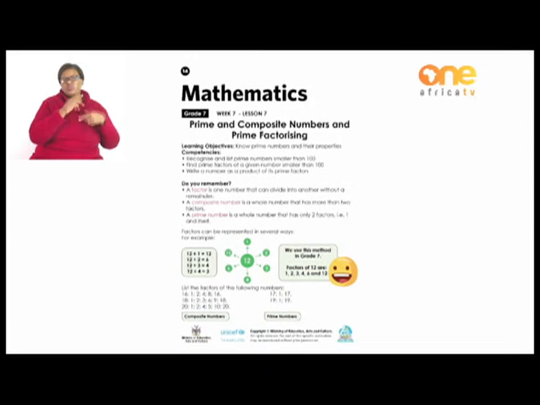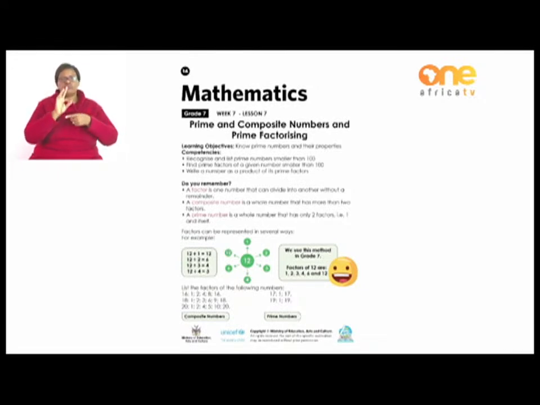The factors of 18 are 1, 2, 3, 6, 9, and 18. Factors of 20: 1, 2, 4, 5, 10, and 20. And those numbers, 16, 18, and 20, are called composite numbers. Why? They have many factors.